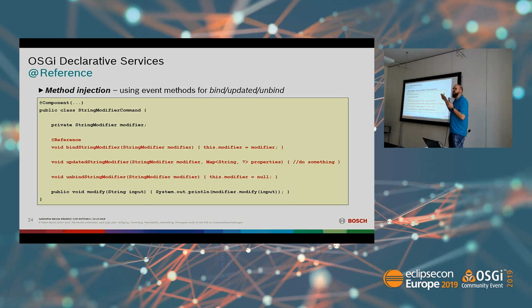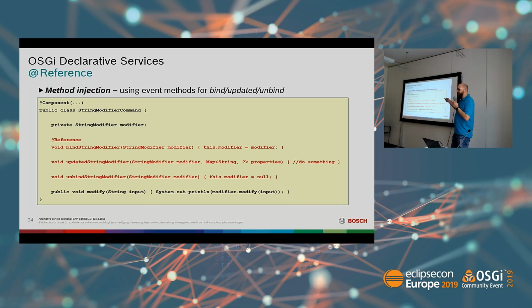This is called once the service is available and we bind. You can also have updated if you work with configurations. So if the configuration changes at runtime, the updated method is called, and unbind is called when the service goes away. For example, the bundle is uninstalled, stopped, whatever. The provider is stopped.